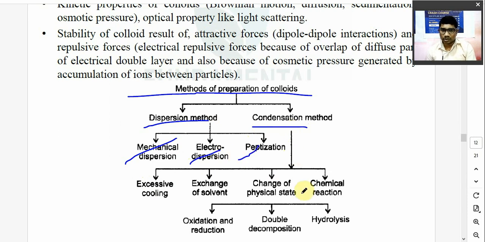In the condensation method, excessive cooling, exchange of solvent, change in the physical state, and chemical reaction are there. In the chemical reaction, you have oxidation, reduction, double decomposition, and hydrolysis. These are the methods for production of your colloids.